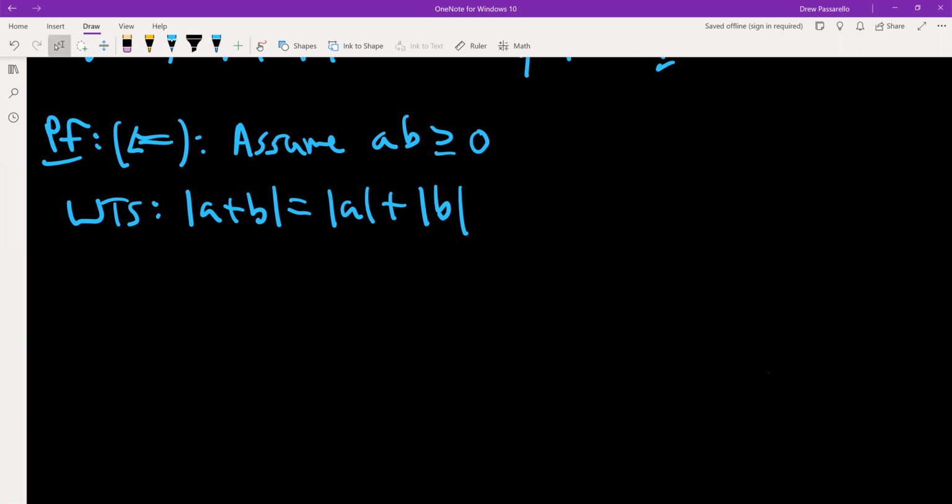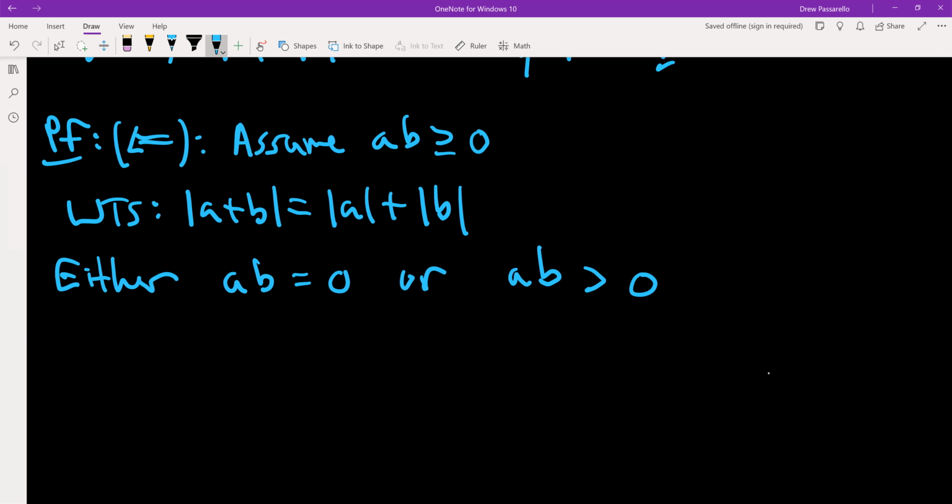All right, and so we either have the product is equal to 0 or it's positive. So I'll do the case when it's equal to 0.